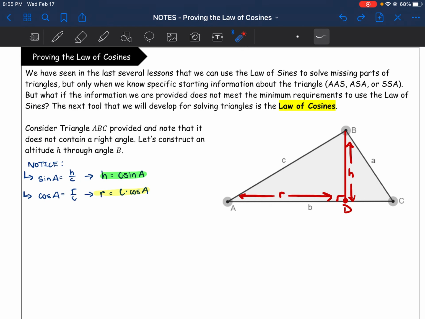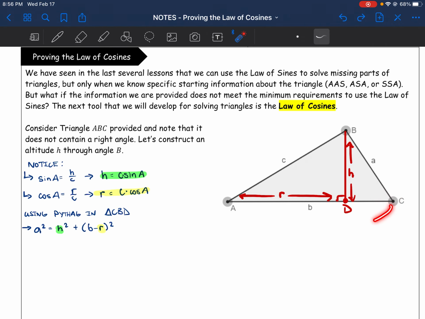All right, so what next? Well, let's now look at the other right triangle, and let's use Pythagorean's theorem with triangle CBD. Note that in this little triangle, a is the hypotenuse, so a squared equals this leg, h squared, plus this leg.